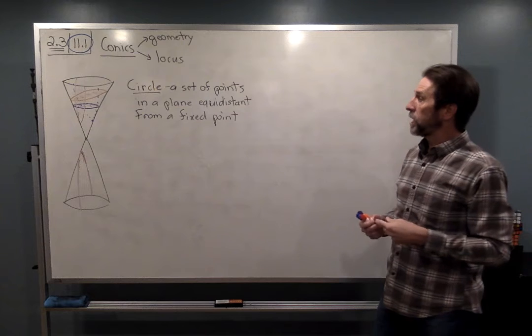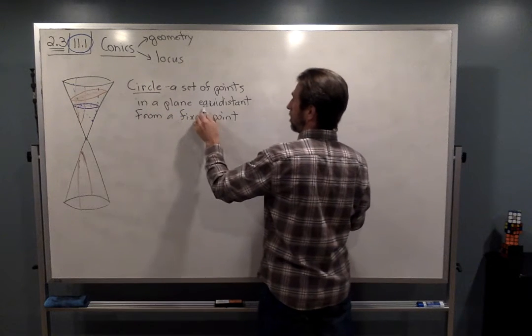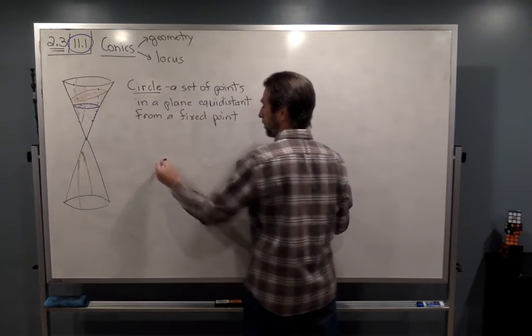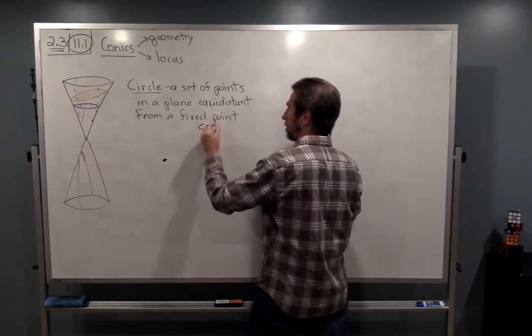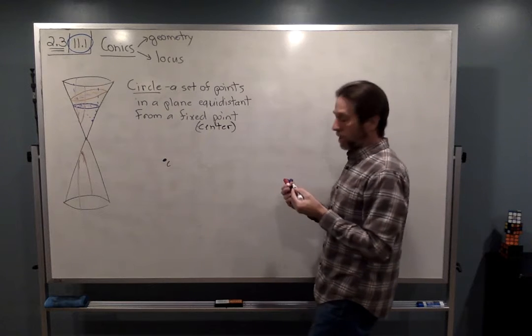So, let's take a closer look at that. It has to be in a plane. We have this equidistance. We have a fixed point. So let's start with the fixed point. There's my fixed point, and of course, we call that the center. Maybe call it C.